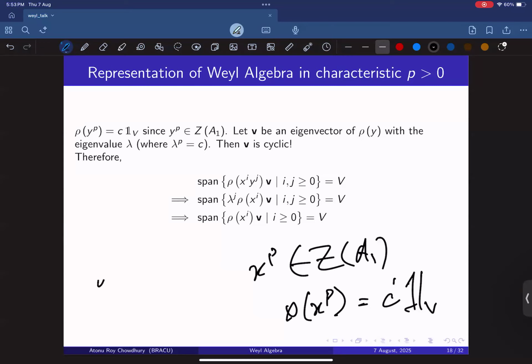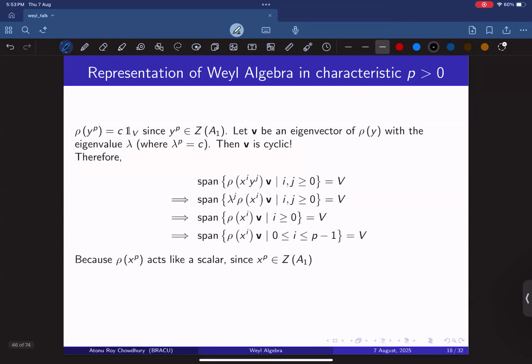Because v and, let's say, the pth root of C prime times v are not linearly independent, right? So therefore, we can restrict ourselves to the case i from 0 to p minus 1, because x to the power p is basically some constant times the identity, right?